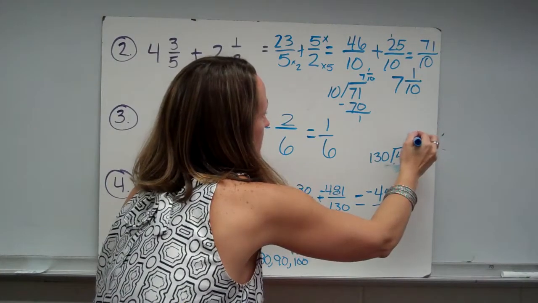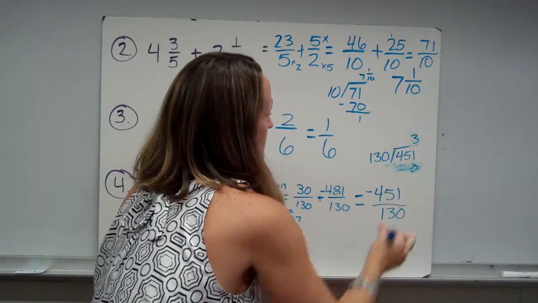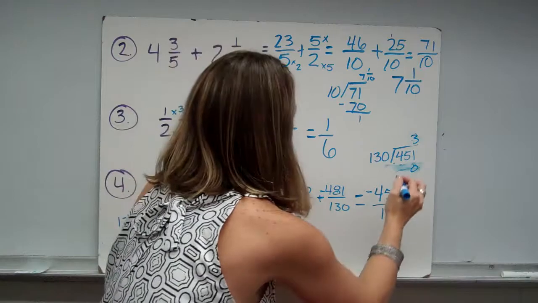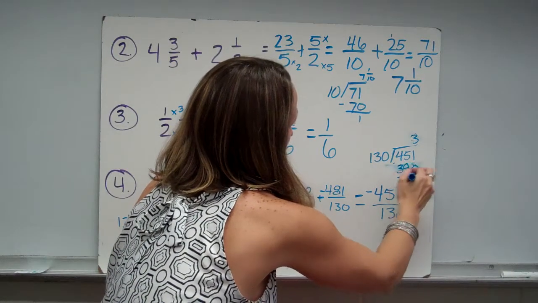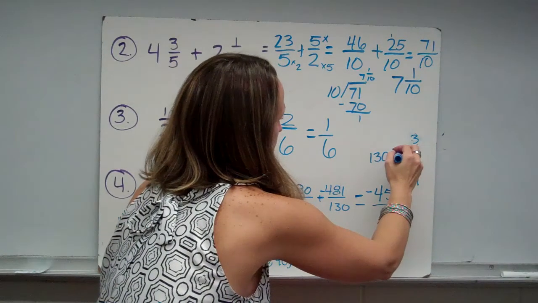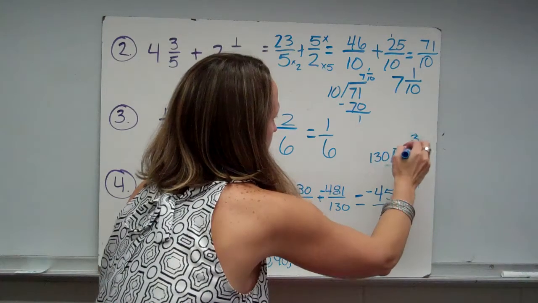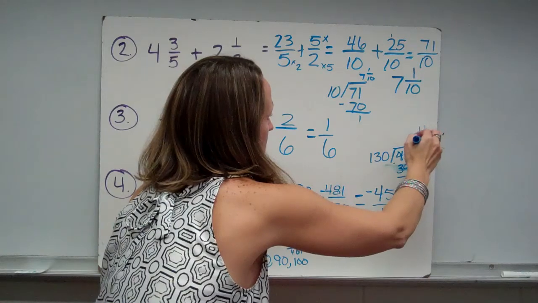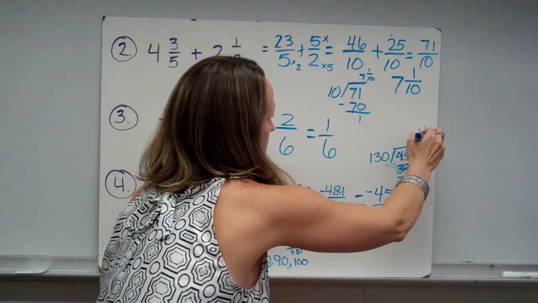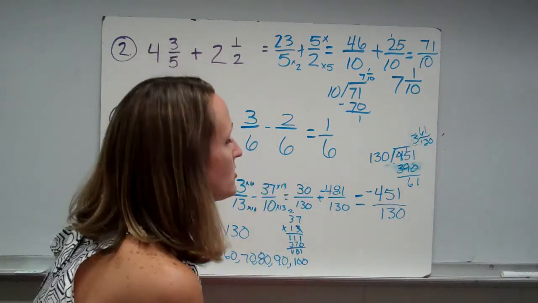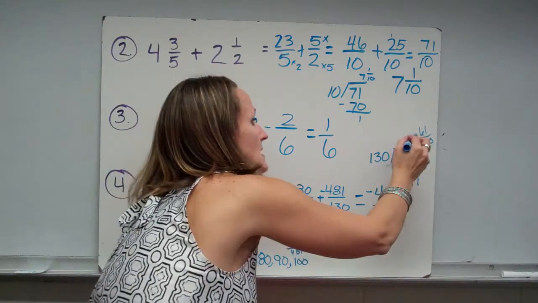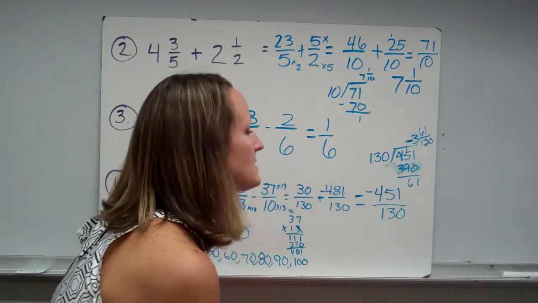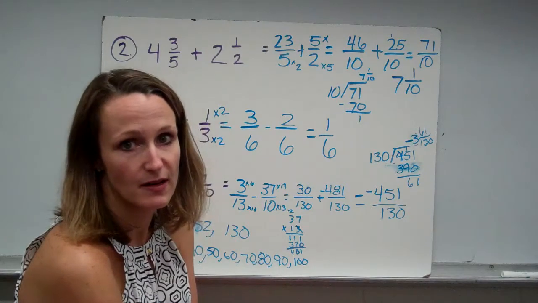Should have left this one for you guys to do on your own. And 61 over 130. All right, so your final answer is negative 3 and 61 over 130. That was an ugly one.